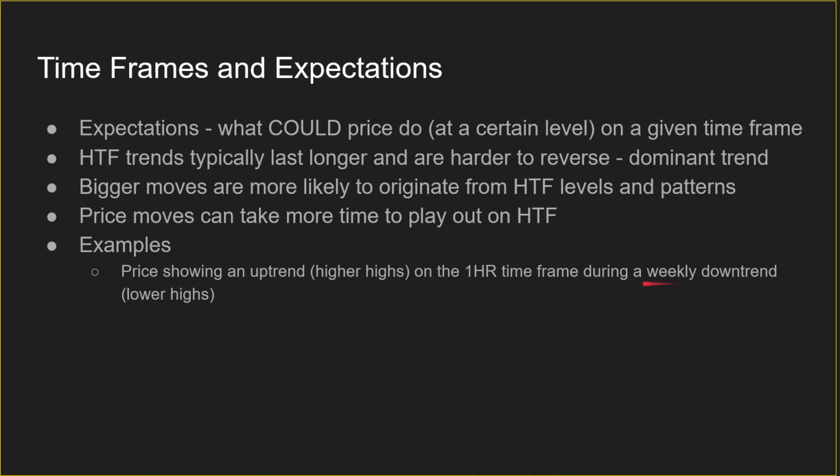We want to find that on the larger time frame. If we're looking for a reversal or some sort of shift on this higher time frame, it should be found on that higher time frame, such as the weekly. Price showing an uptrend, higher highs on the 1 hour time frame, can be considered irrelevant to what's really happening on the bigger picture on the larger scale.